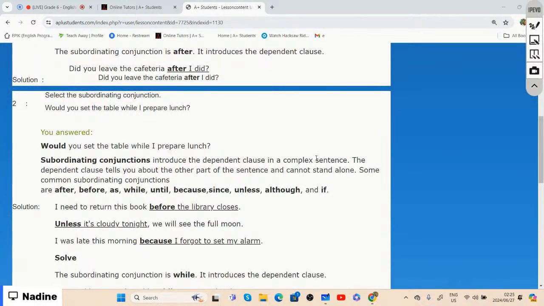All right, the next one says, would you set the table while I prepare lunch? So, would you set the table while I prepare lunch? All right, and if we were to identify or select the subordinating conjunction, we would say it is while.